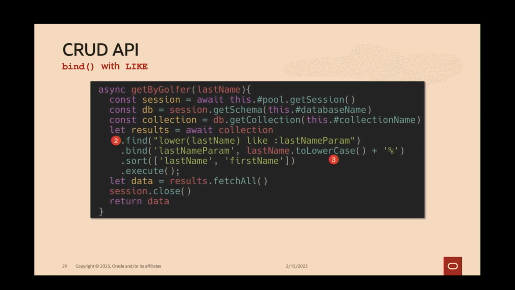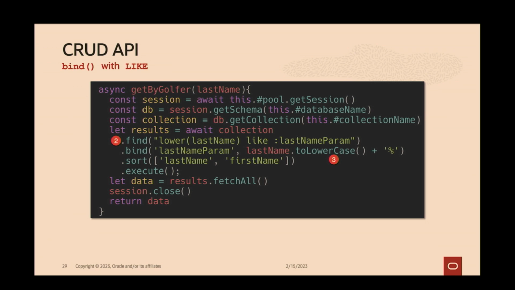If you look at number 2, it says we're doing find lower last name like last name param. That's a MySQL function. The lower there is a MySQL function. So what that's doing is in the where clause, it's taking the last name of the golfer and making it all lowercase. Okay? In the bind, you see we're doing last name to lowercase.